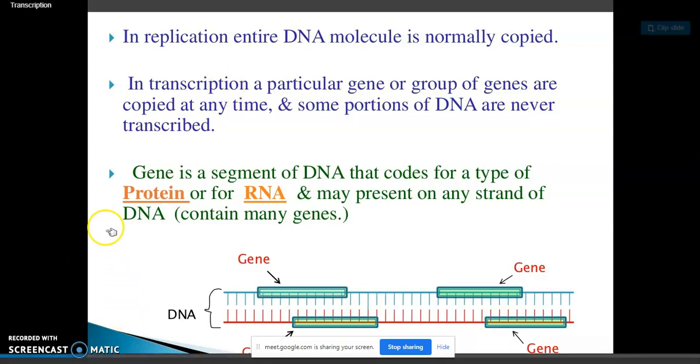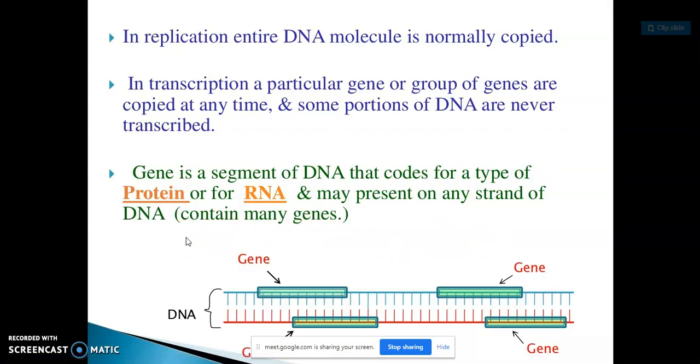Say, for example, you have a DNA molecule. In case of replication, the entire DNA molecule is going to be copied or replicated right from the first base pair till the last base pair. Do you understand? But what about transcription? What is transcription?